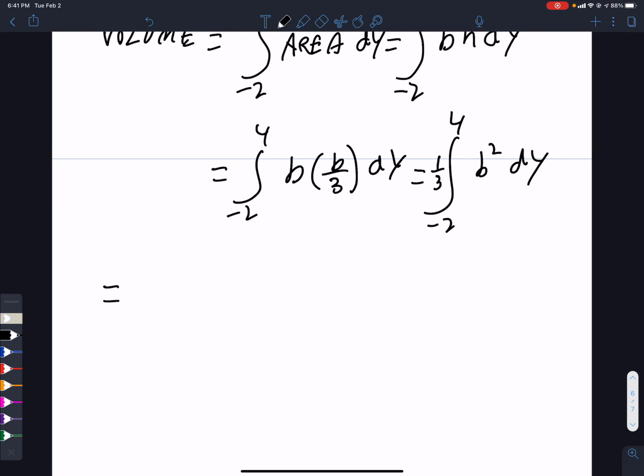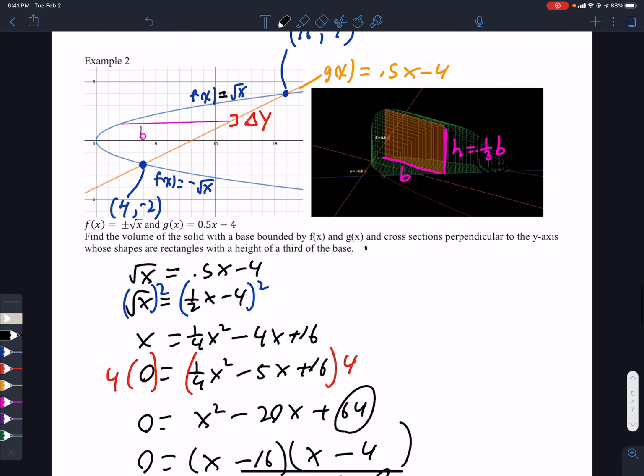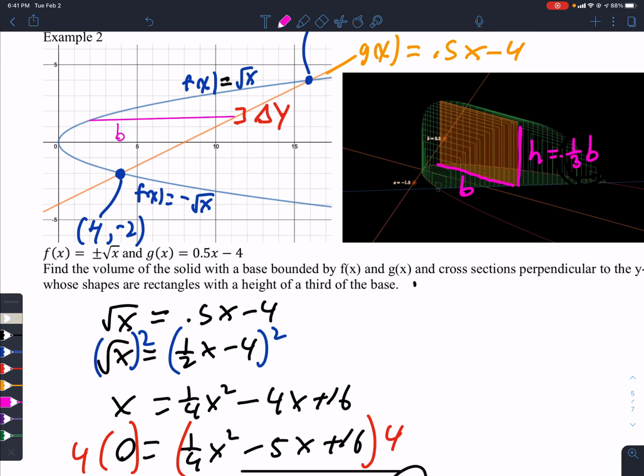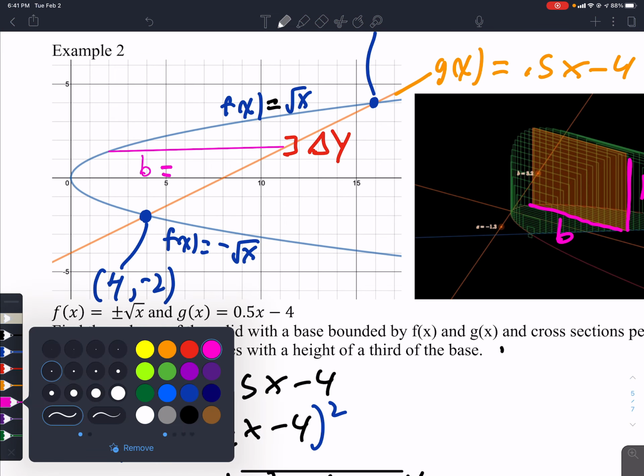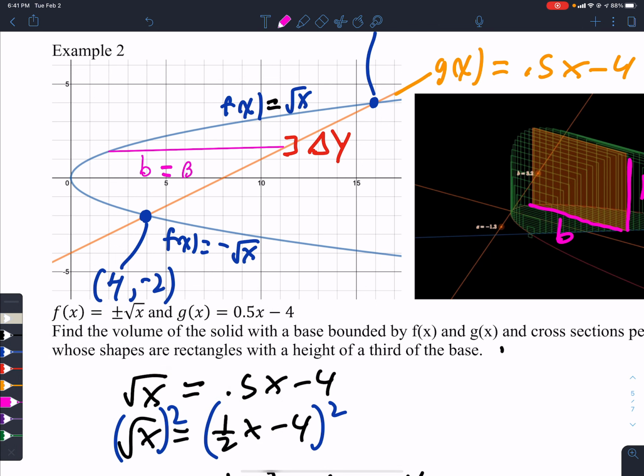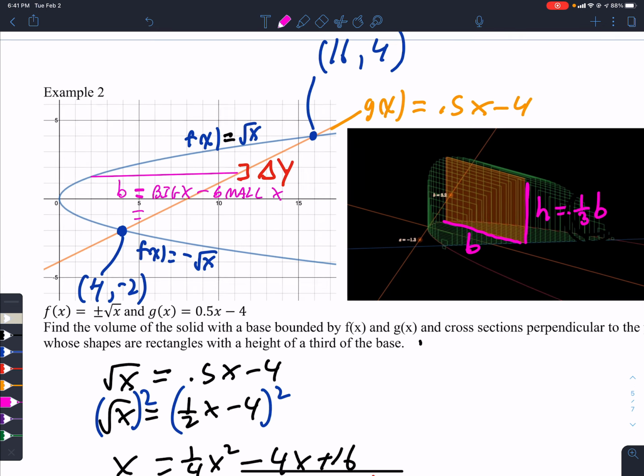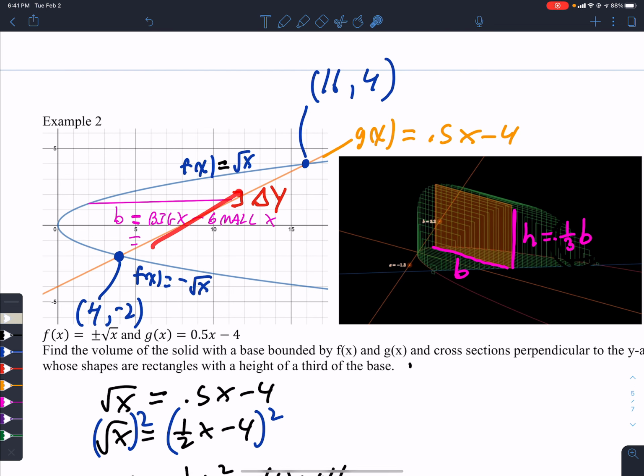What is b? B is going to be big X minus small x. But what is big X? Big X is the yellow, small x is the blue.